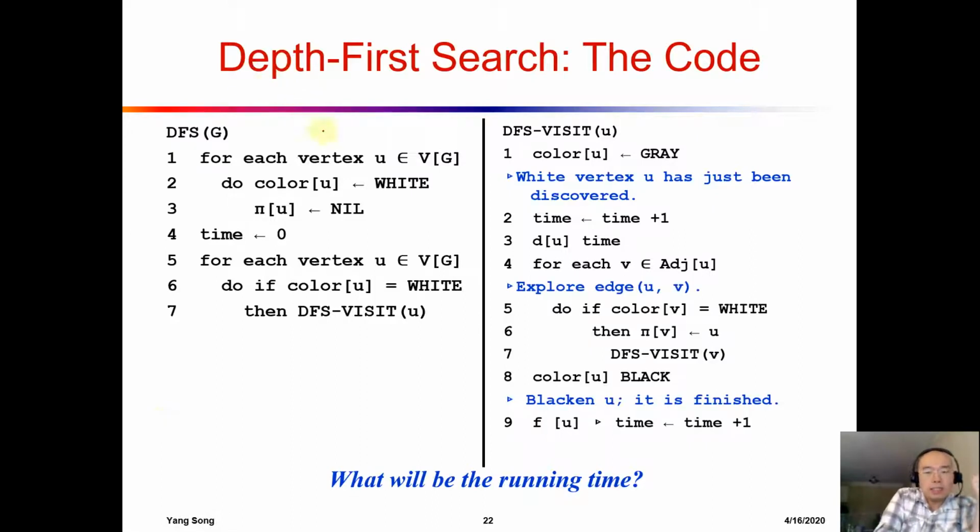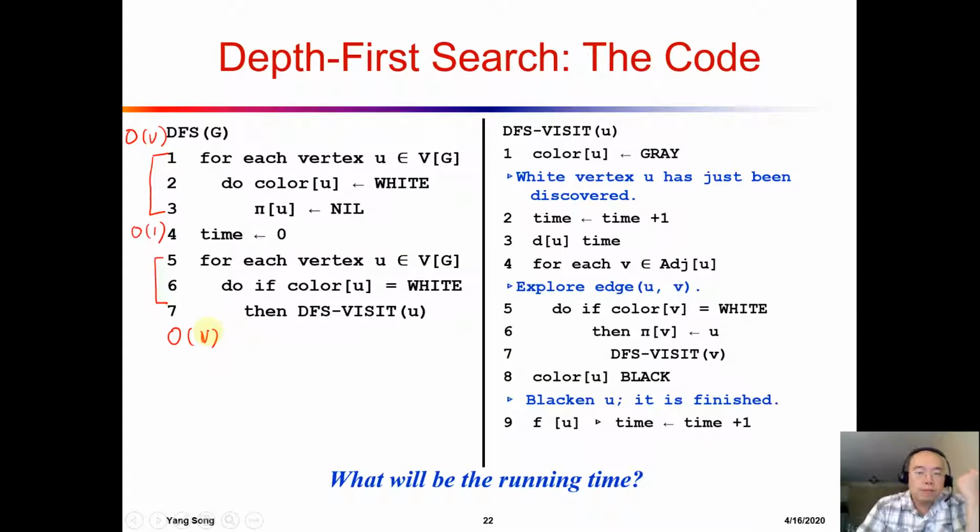So what is the running time? If you see this one, that is O(V), because we are visiting all the vertices, and then for each of the vertices we are visiting once, right? And this one, O(1) for sure, and this one is another iteration, so that is an O(V) here.